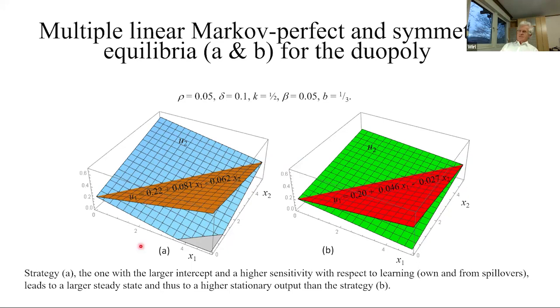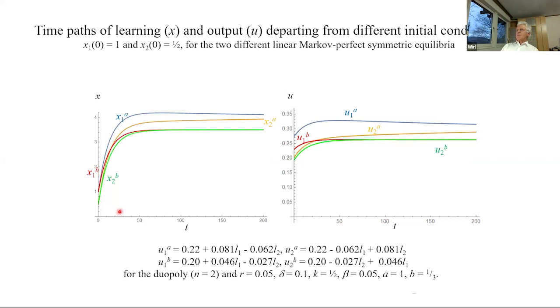So one is A. The brown is for player 1, the blue is for player 2. It's symmetric. And this is strategy B, here again, red and green. Okay. So they are different. And then you see the two solutions here to highlight the Markov perfection. I let player 2 start at a lower level of knowledge.